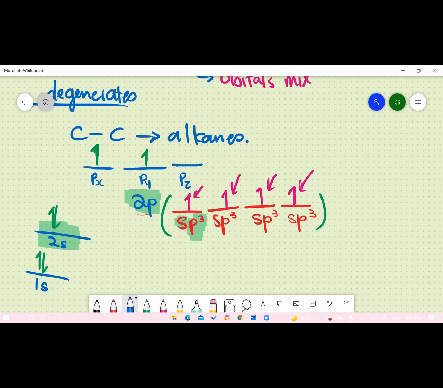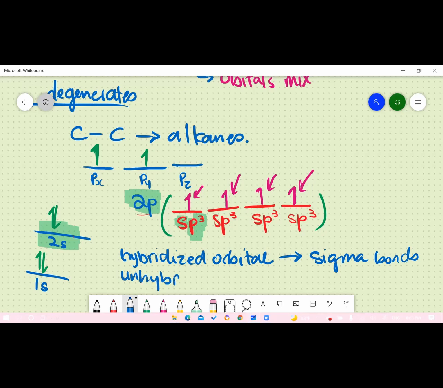So another point, hybrid orbitals, or hybridized orbitals, are able to form sigma bonds, while unhybridized orbitals will form pi bonds, right?